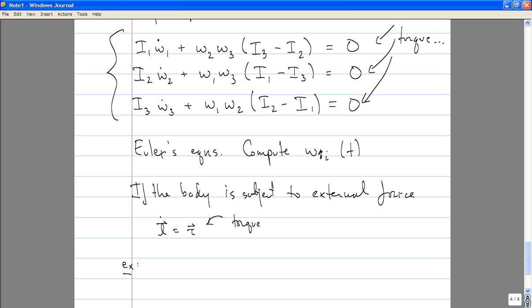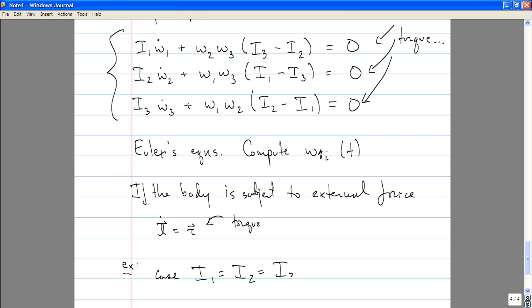Okay. Sorry about that. So let's try and solve Euler's equations. Let's first consider the following simple case. Let's consider the simplest possible object, which is one whose moments of inertia are all equal. So let's consider the case where I1, I2, and I3 are all equal.